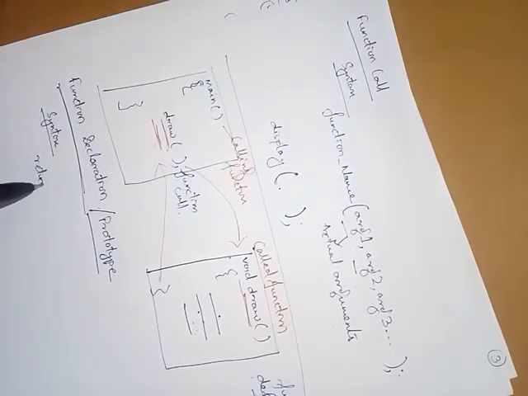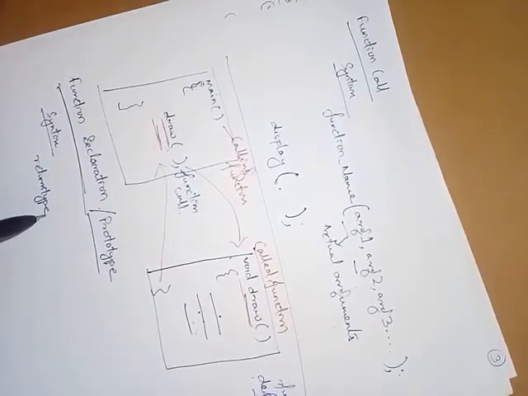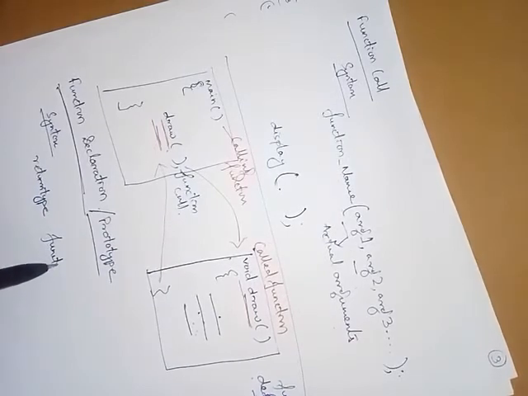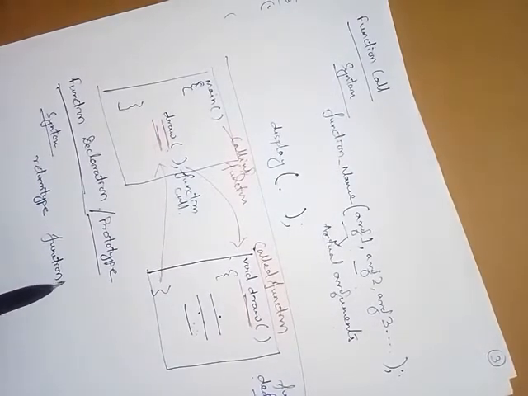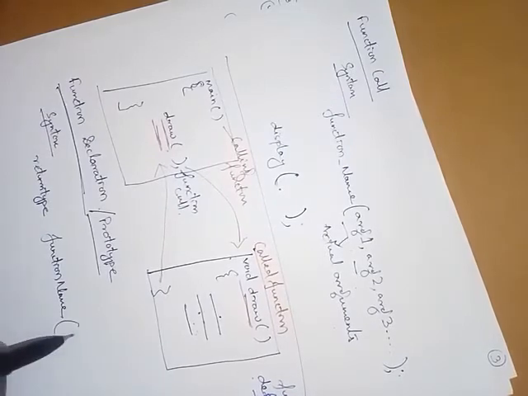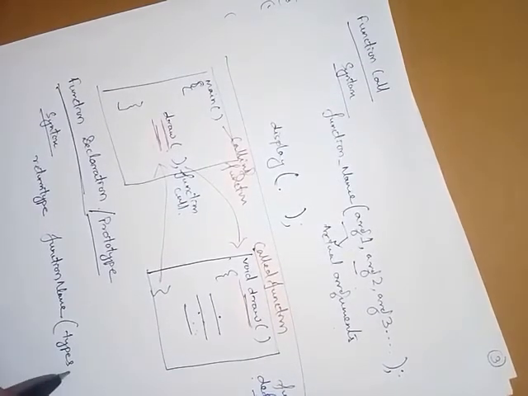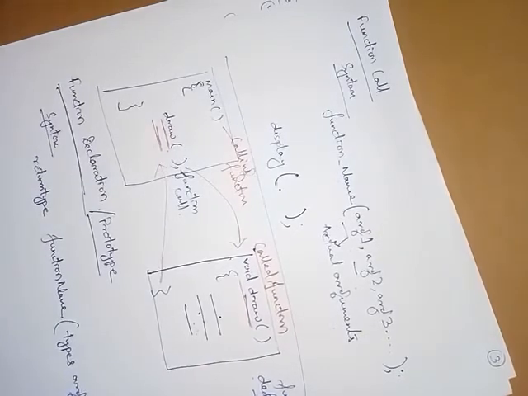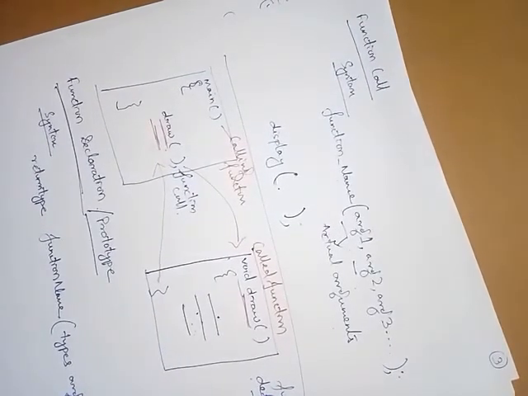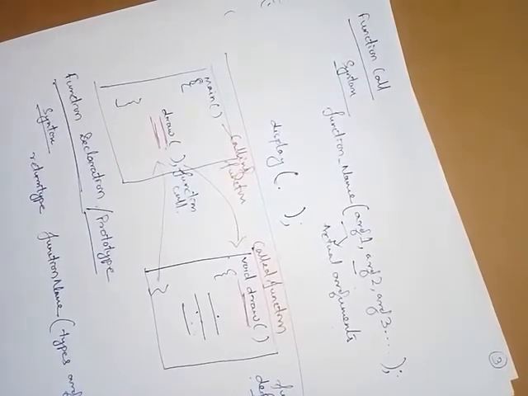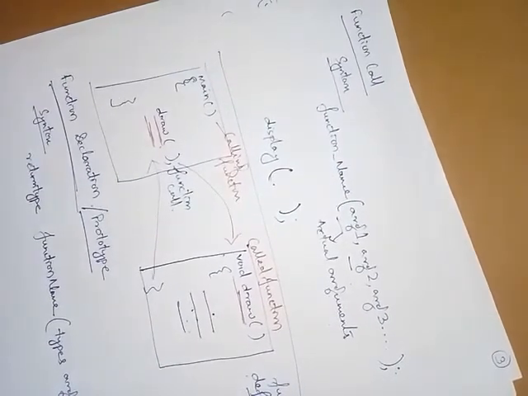return type, then function name, then types of arguments, or types and number of arguments. Then there must be one semicolon here. This is similar to the header of function definition, except there is no semicolon in function definition.